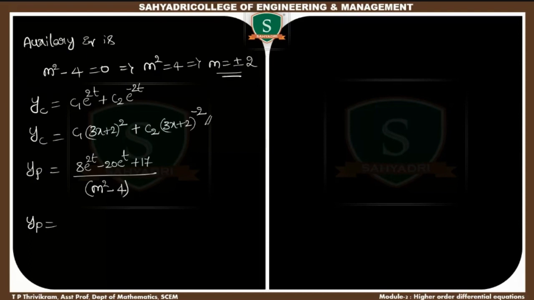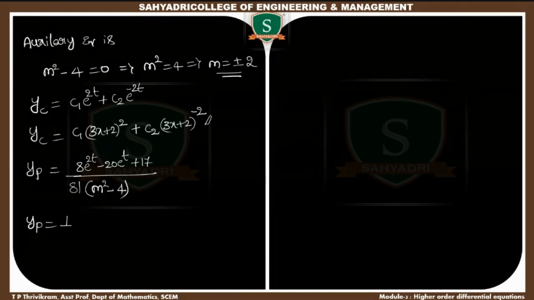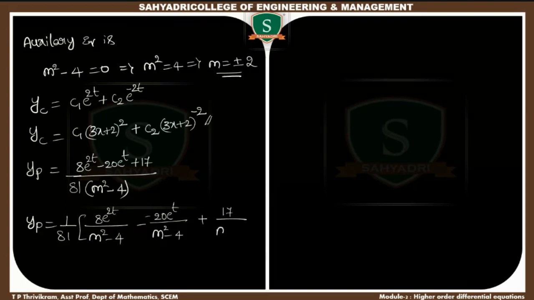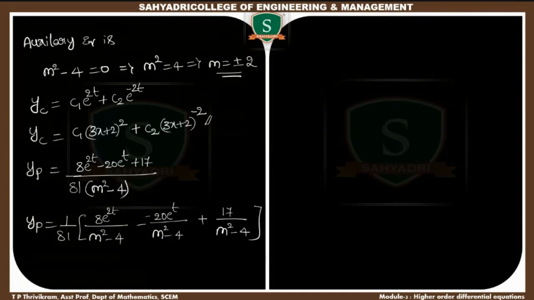So here in denominator 81 is there, so should not forget it, because 1 by 81 into this, correct? So 1 by 81 into 8 e power 2t divided by m square minus 4 minus 20 e power t divided by m square minus 4 plus 17 divided by m square minus 4. So you can write this 17 as 17 into e power 0. Anything power 0 is 1.